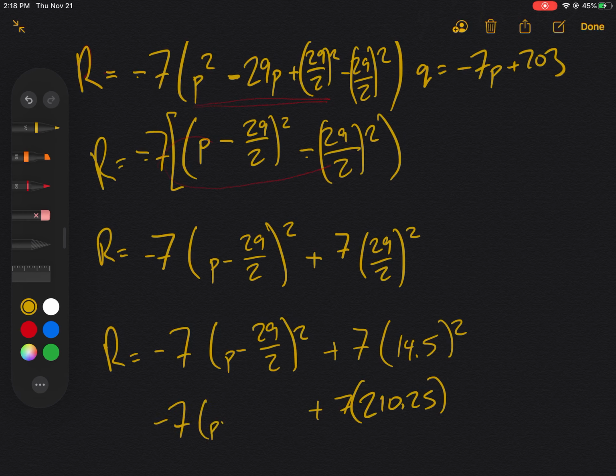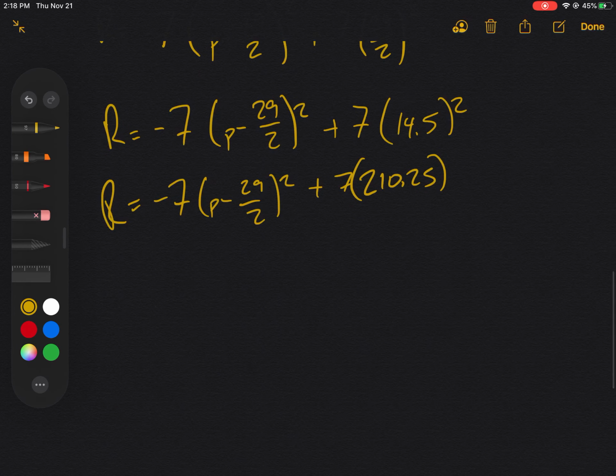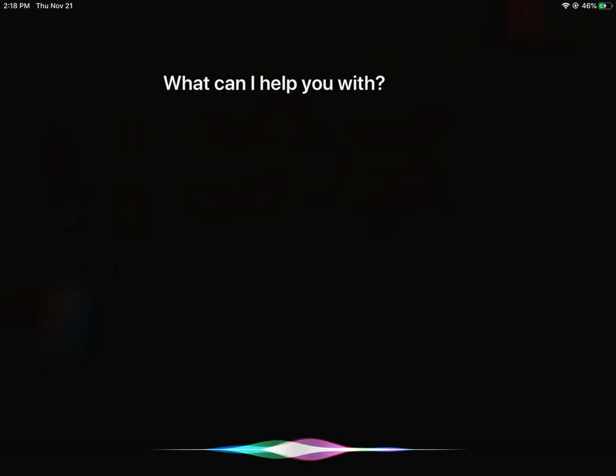Now let's write the rest of it out. R equals minus 7 times P minus 29 over 2 squared plus. Okay, so what's 7 times 210.25? I need to solve this part right there. That's going to be my maximum, by the way. What's my maximum?